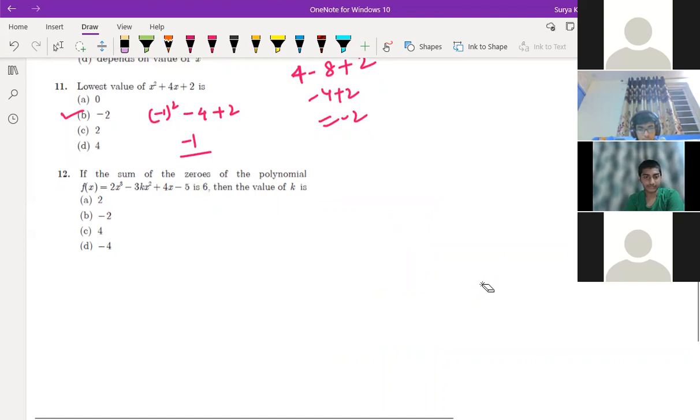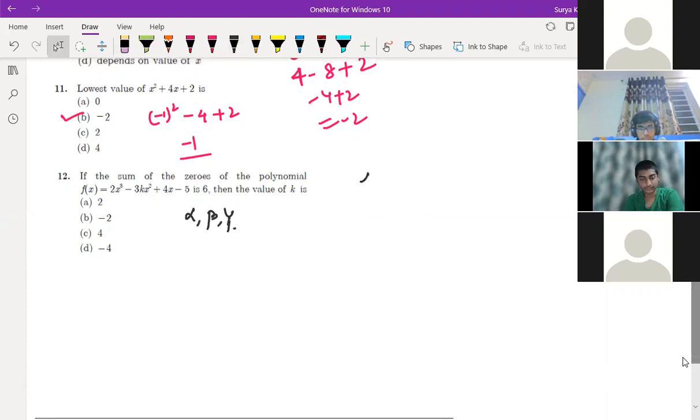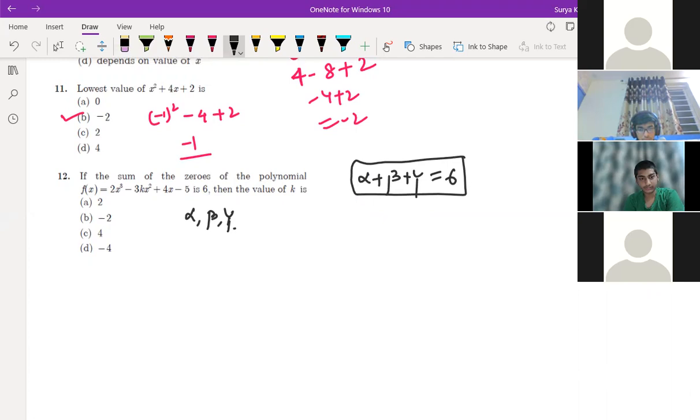But then if they give us a quadratic polynomial, then how is it? So here the sum of the zeros means you are having alpha, beta, and gamma will come in this case, right? Yes. So alpha plus beta plus gamma is equal to 6, they have given, right? Yes, sir. Then further, Rasul, what can you do?